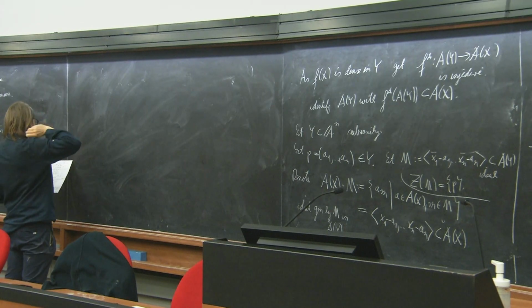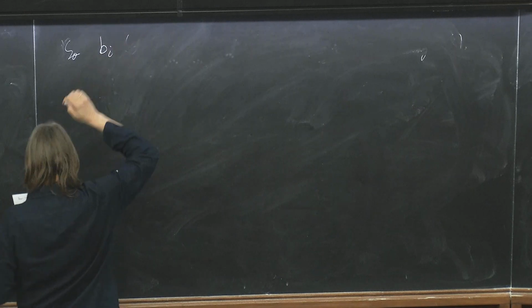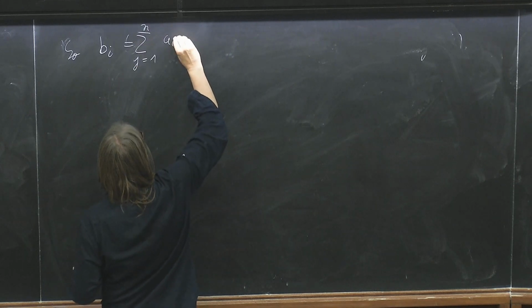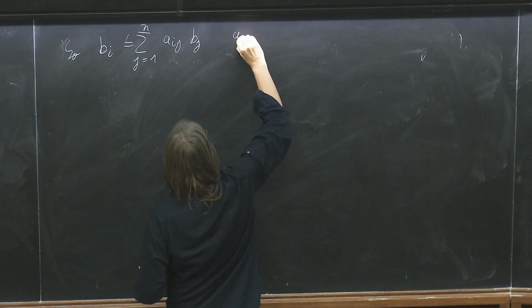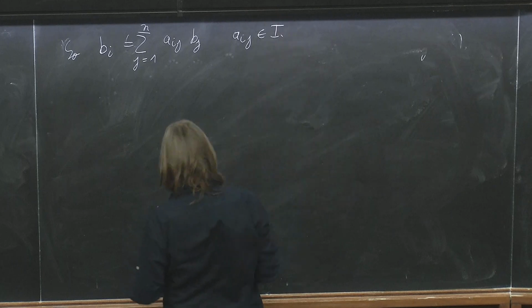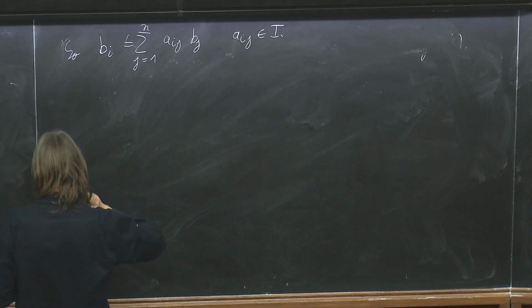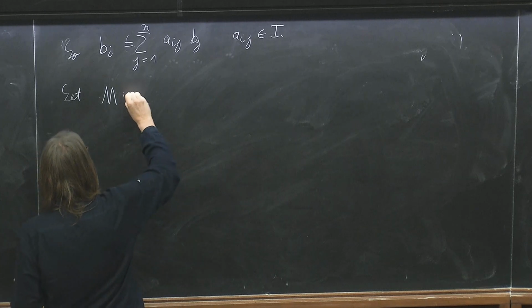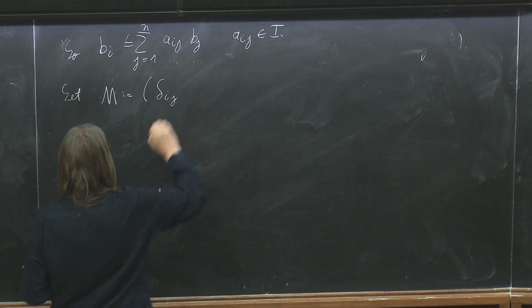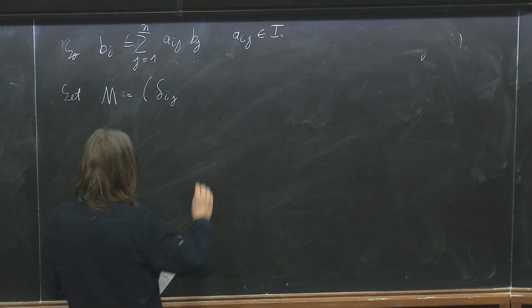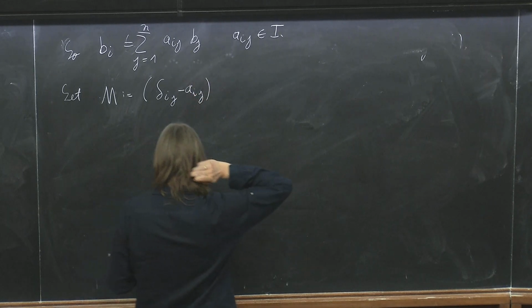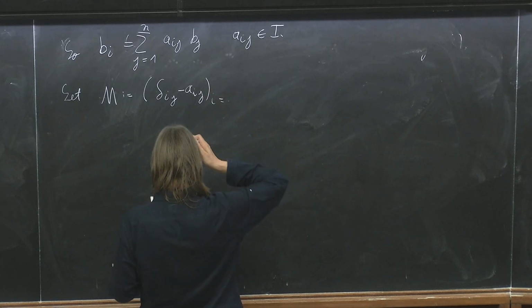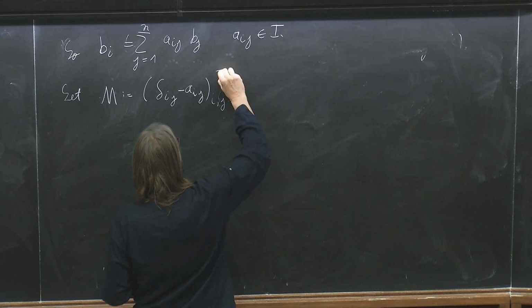So bi can be written as the sum over j equals 1 to n of aij bj, where now the aij are actually elements in I. And now we write again this matrix M. Now we don't need an extra x, we just write M to be the matrix delta ij, so 1 on the diagonal, 0 outside, minus aij, where i, j goes from 1 to n.